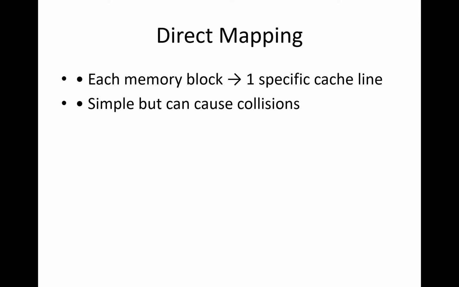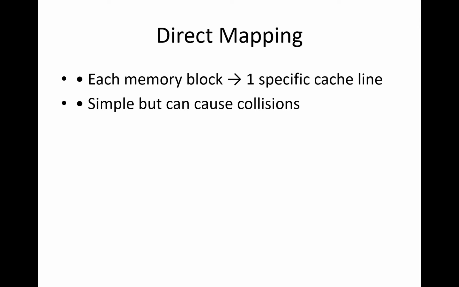So let's talk about direct mapping. In this technique, each block in the main memory maps to exactly one cache line. It is very fast and easy to implement. But there are some downsides.